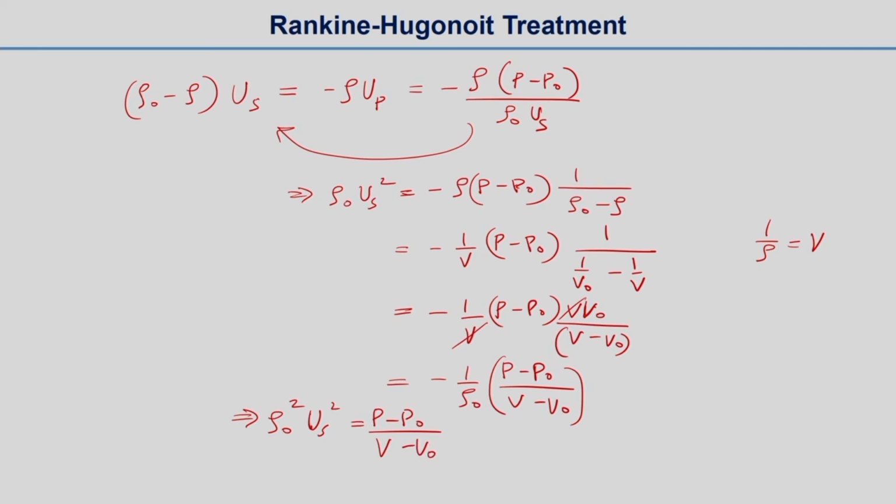And if we substitute this relation in the earlier relation of conservation of energy, which is E minus E naught equal to P minus P naught divided by rho naught Us square, minus half of P minus P naught whole square over rho naught square Us square.